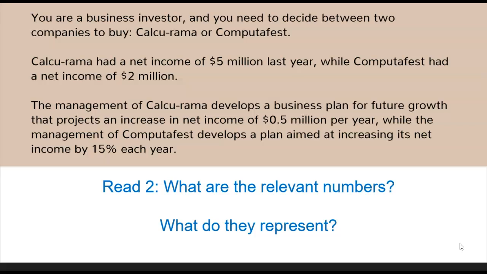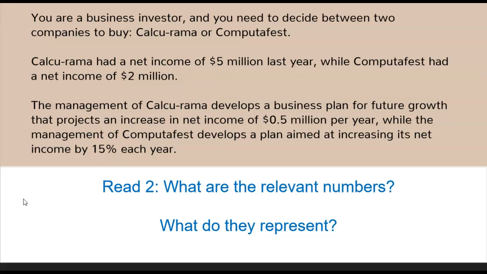The management of Calcu-rama develops a business plan for future growth that projects an increase in net income of $0.5 million per year, while the management of Computafest develops a plan aimed at increasing its net income by 15% each year. What are the relevant numbers and what do they represent? So go ahead and pause the video, write down what you think the relevant numbers are and a quick label for each of them. Come back and see if we match.